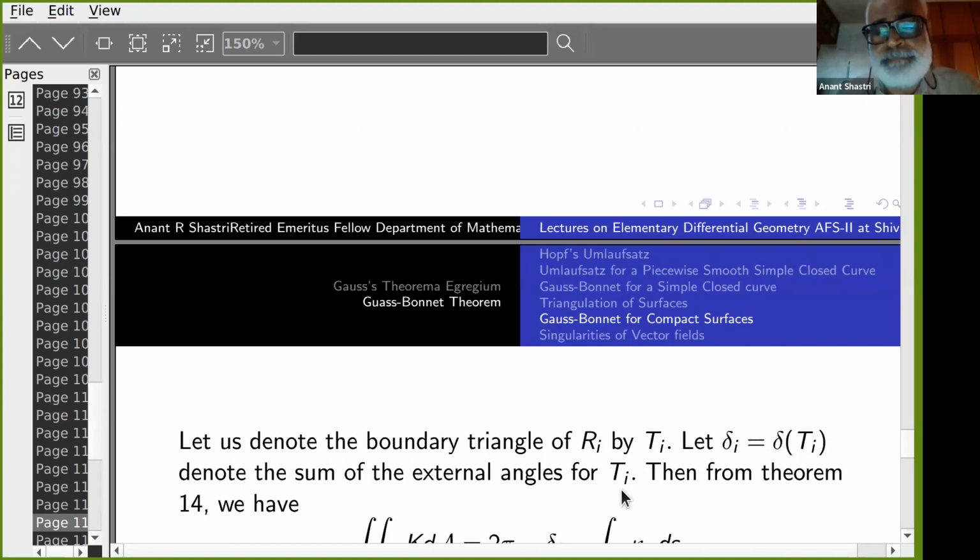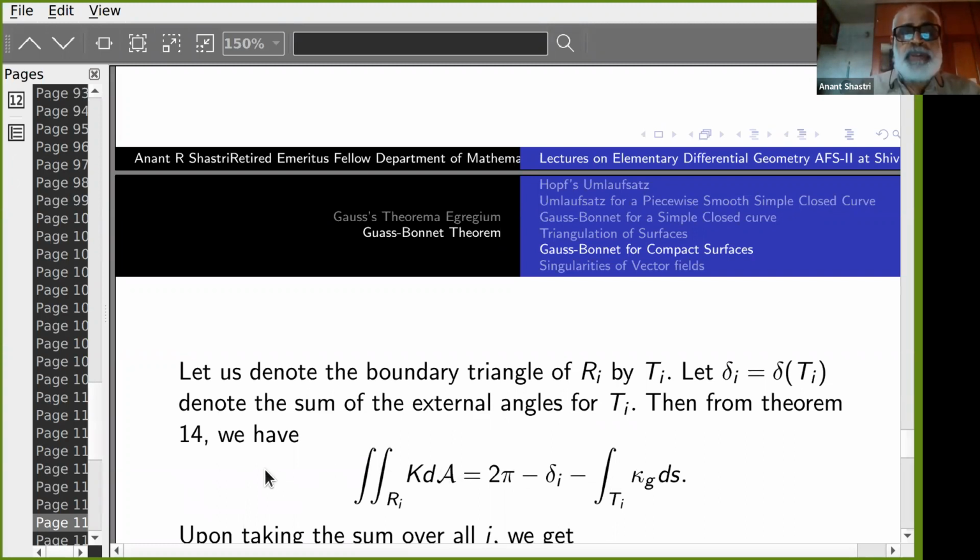There are three of them. Then, from the theorem that we have proved earlier, the integral of K dA over Ri is 2 pi minus delta i minus the integral over Ti of kg, the geodesic curvature. Ti is a curvilinear triangle, and on this curve I have to integrate.